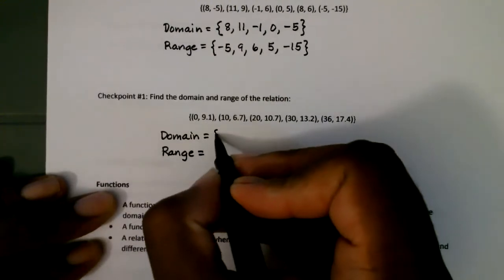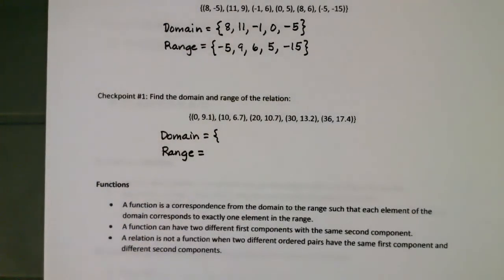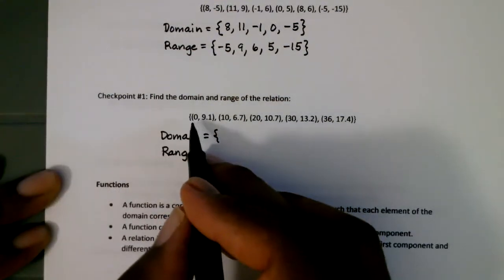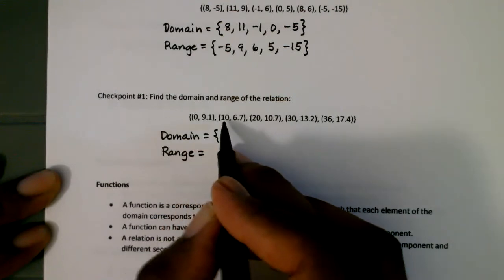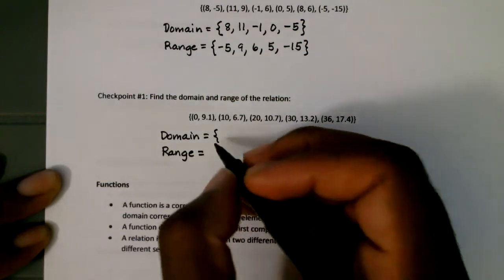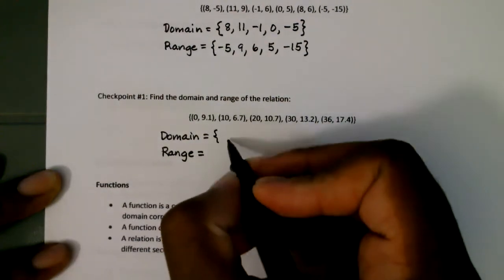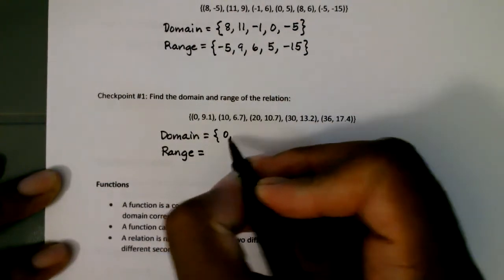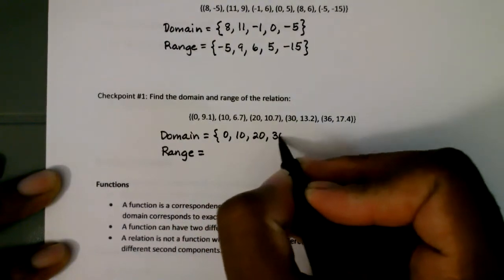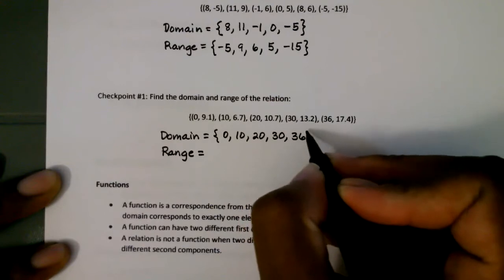So again, to identify the domain, we just list all of the x coordinates, or the first number in each of the ordered pairs, only once. So here, this will be 0, 10, 20, 30, and 36. So I'll write those: 0, 10, 20, 30, 36.